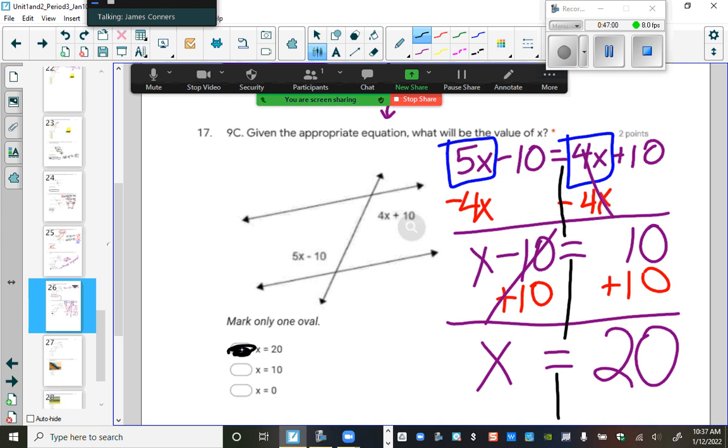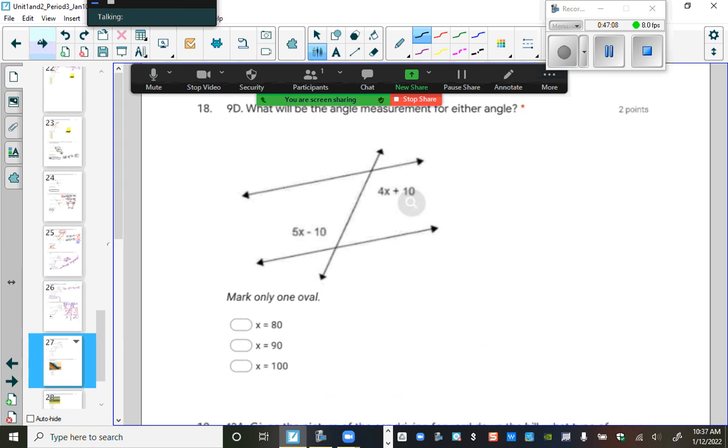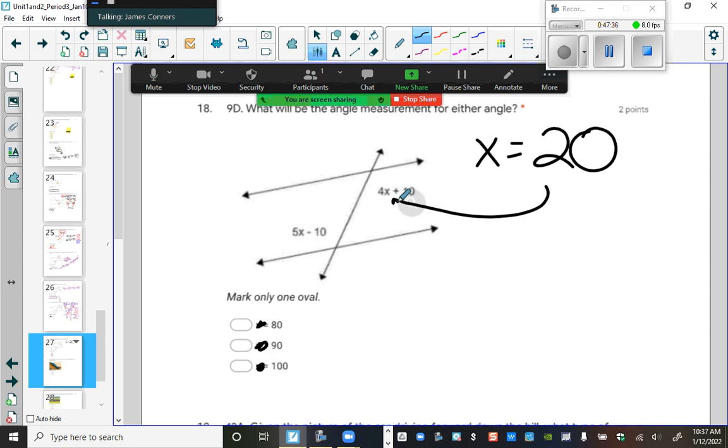Now, next part. Basically, x is 20. It's not going to be x equals. So we plug in x is 20 for either angle. So x is 20, plug it into either the first angle and the second angle.